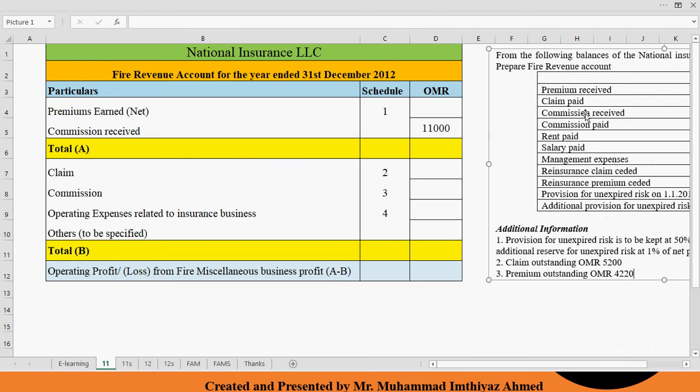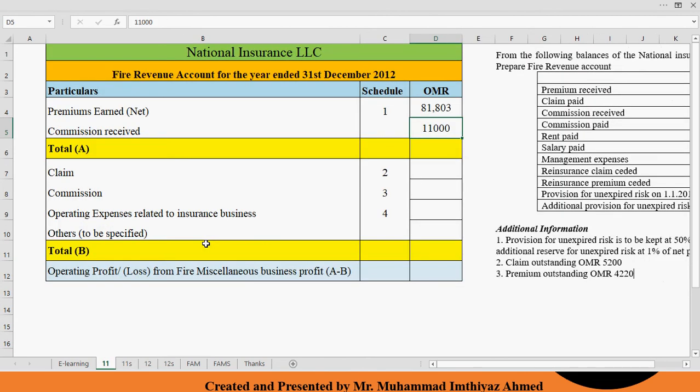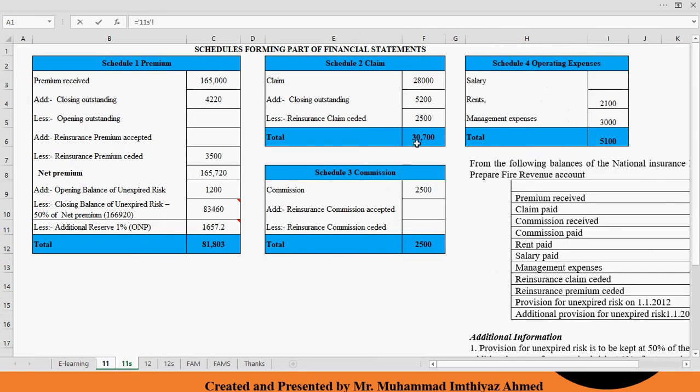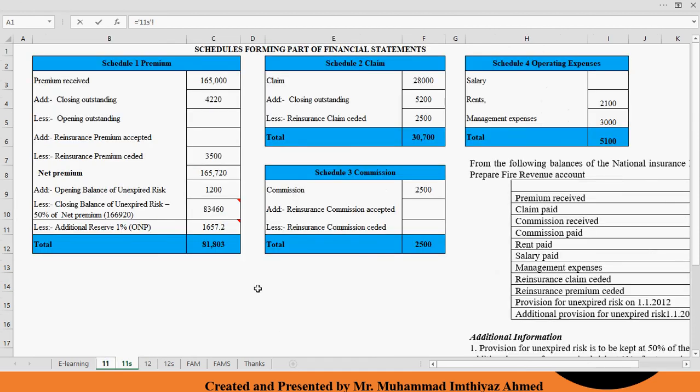Let me move to the problem. The first, premium earned, the total from the schedule is 81,803. So let's take the total of claim. The claim total is said to be 30,700. And number 3 is our commission paid. So our commission paid total is 2,500.